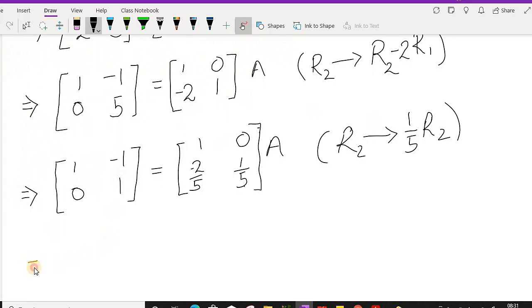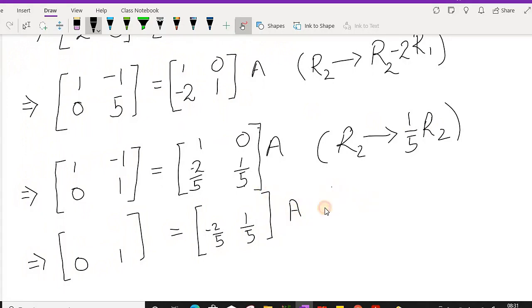That's it. To make it 0, I have to change row 1. So row 2 I write as 0, 1, minus 2 by 5, 1 by 5.